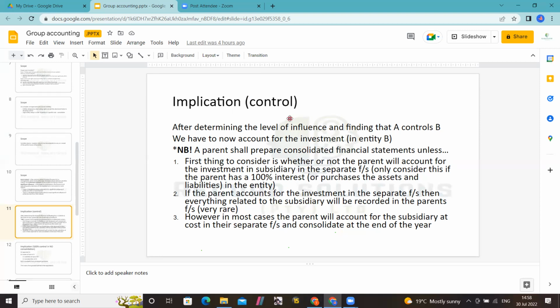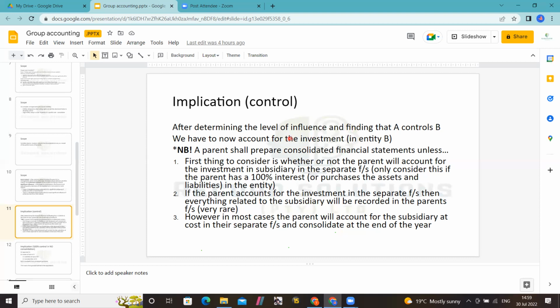On two dates, and I hope you wrote these two dates down. Number one, you record at acquisition. When you acquire the business, you have to do a transaction, and it is also the first part of consolidation.